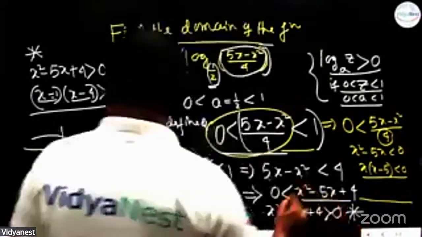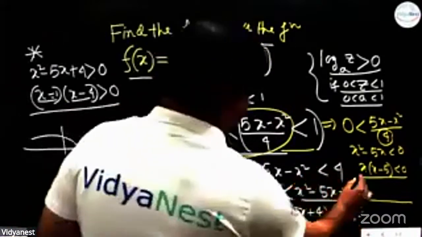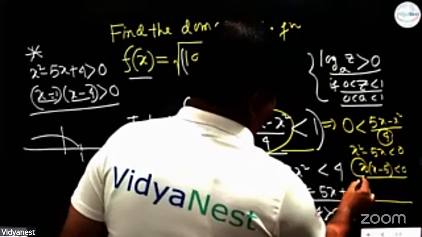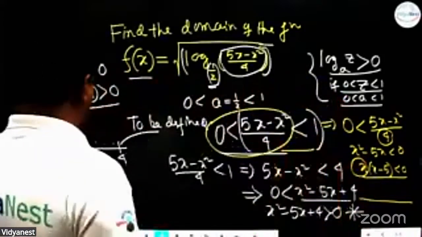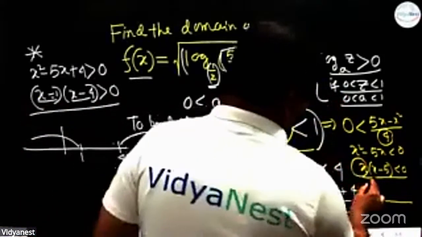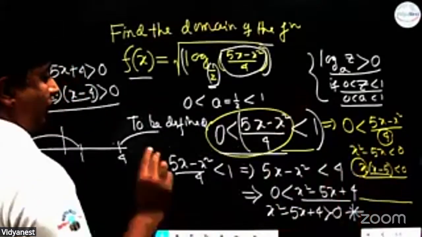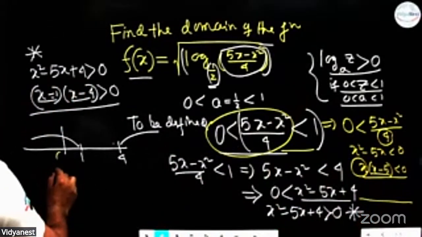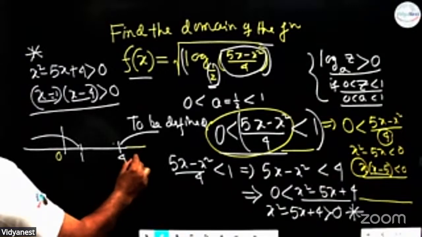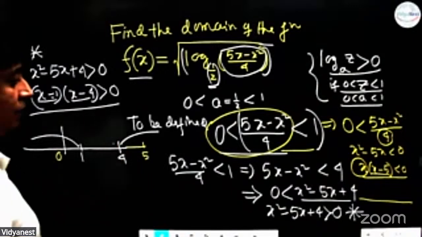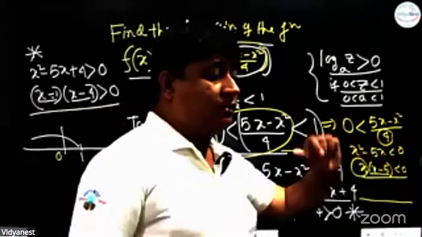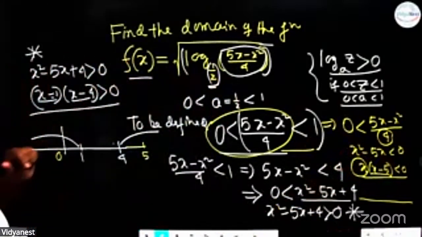You see, if you make this equal to 0, x will be 0. If you make the other equal to 0, x is 5. So there is 0, there is 5. You put any value between 0 and 5, say 3.